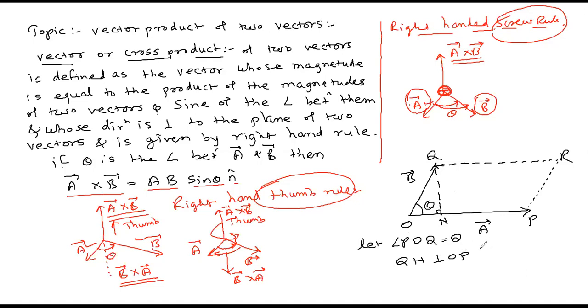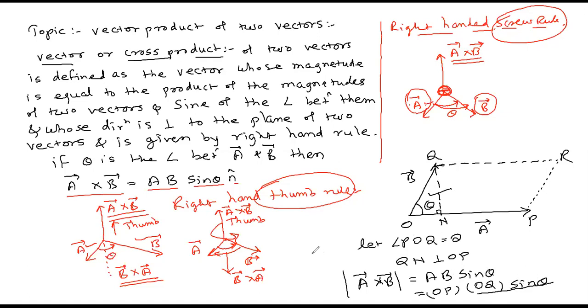The magnitude of the vector product A cross B is equal to AB sine theta, where A is OP and B is OQ, into sine theta. Now OQ sine theta is nothing but QN from this triangle.